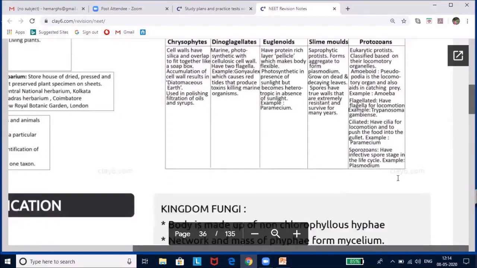Example, Plasmodium. This Plasmodium is very important because it causes malaria. There are 4 important species: Plasmodium vivax, Plasmodium falciparum, Plasmodium ovale, and Plasmodium malariae. Out of these, Plasmodium falciparum causes malignant tertian malaria, which is very, very fatal.